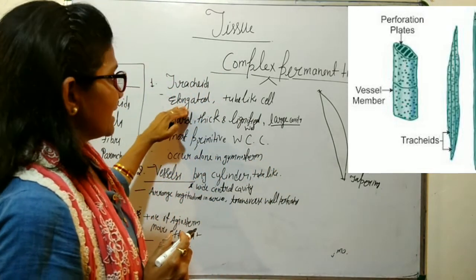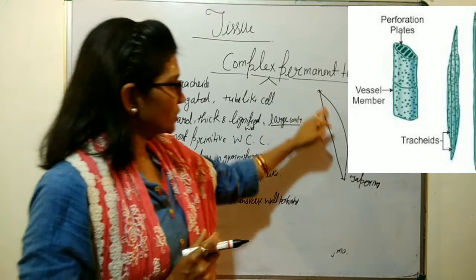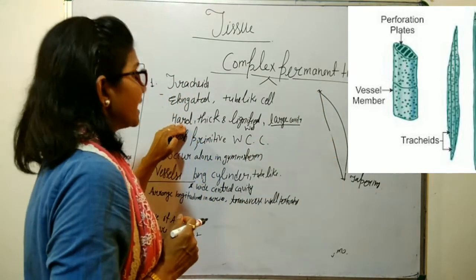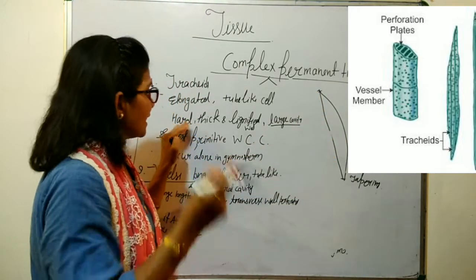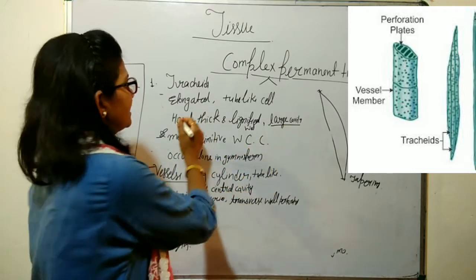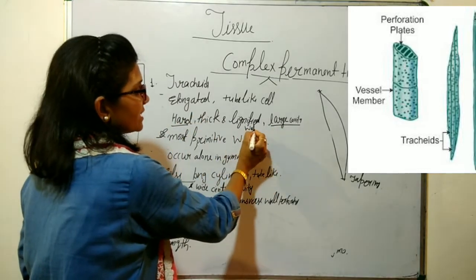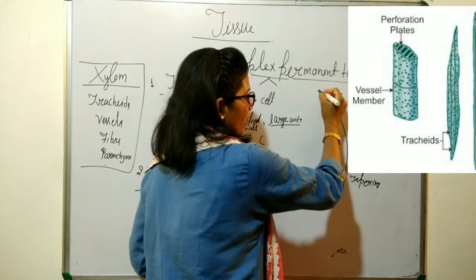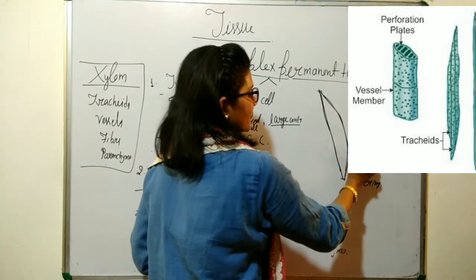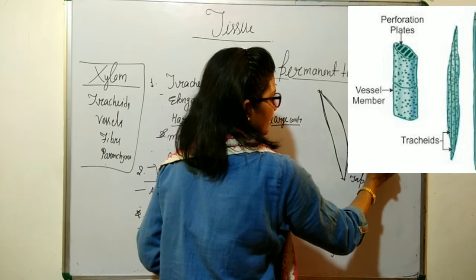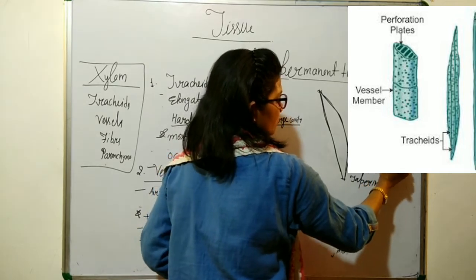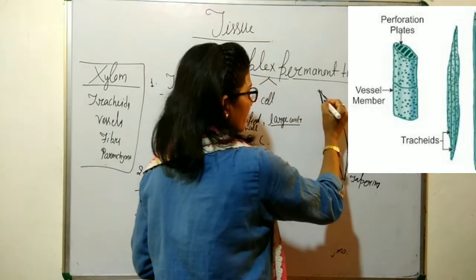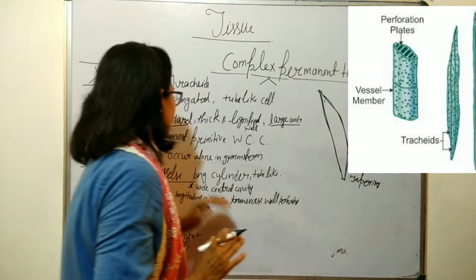So we can see it is elongated. It is a tube-like cell. It is hard, having a large cavity. Why is it hard? Because its wall has deposition of lignin, so it has lignified walls with a large cavity in them.